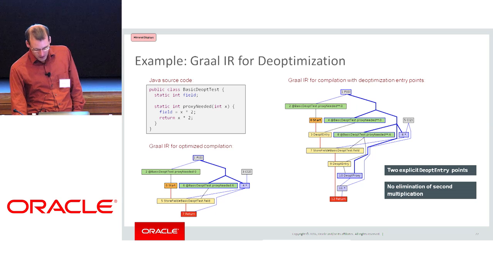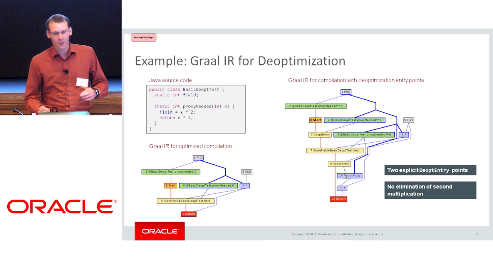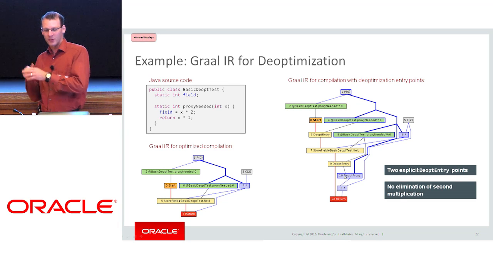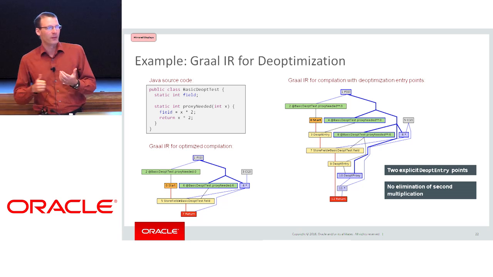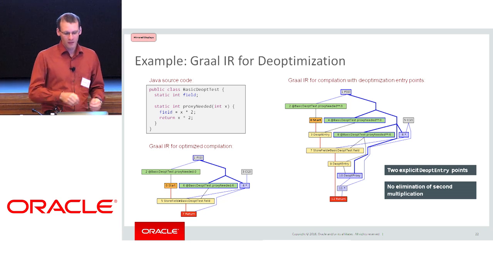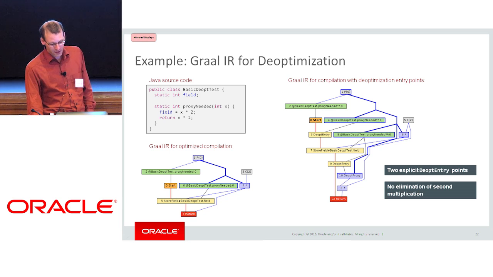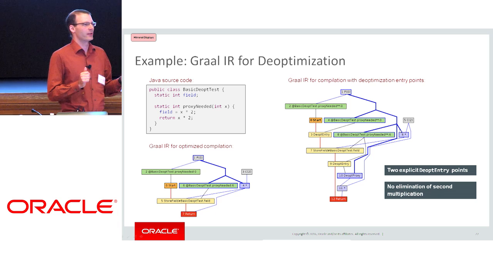And the way we achieve that is that after the de-opt entry, we just insert little proxy Graal nodes into the Graal graph, which make sure that the value numbering, which Graal normally does automatically, does not happen. So now Graal can just normally compile this method, but it knows that it can never remove the second multiplication because the input argument is different.